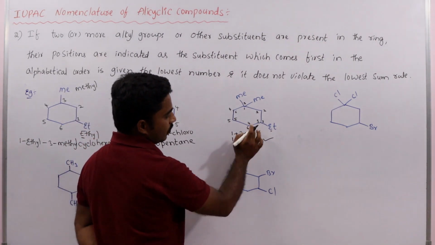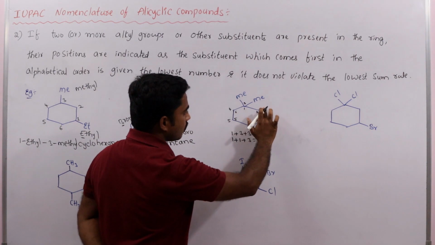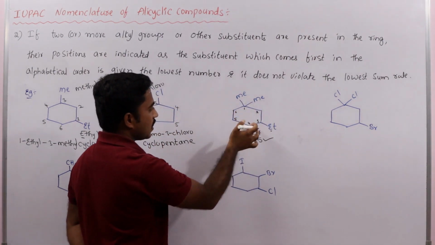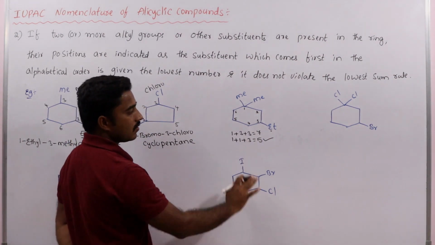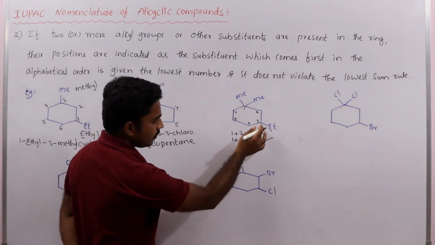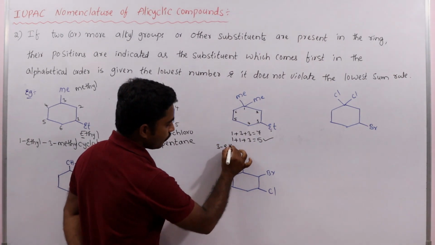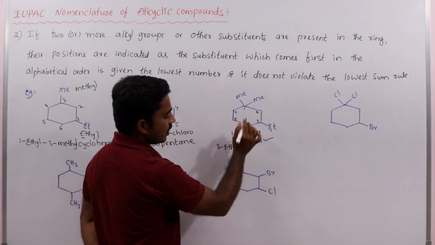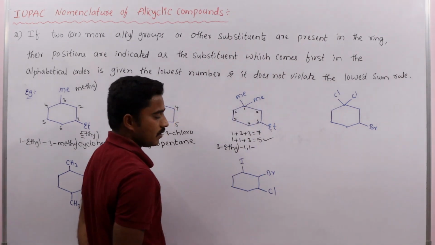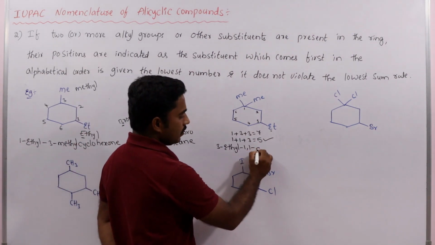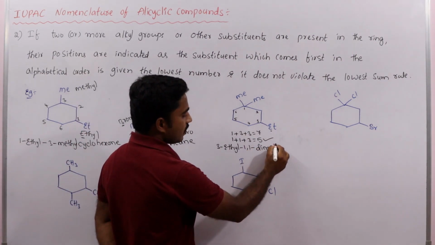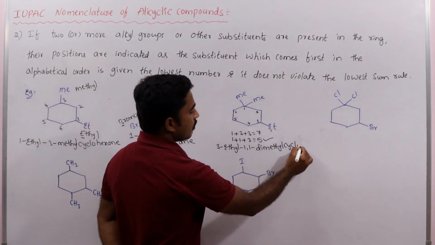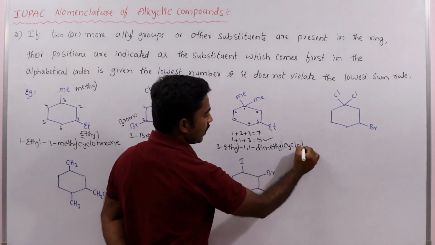So this is the correct numbering according to the lowest sum rule. 3 ethyl, then 1,1. Here 2 methyls are there, that's why we have to use 1,1. How many methyls? 2 are there, that's why we use the prefix dimethyl. Cyclo, this is a cyclic 6-membered ring, cyclohexane.